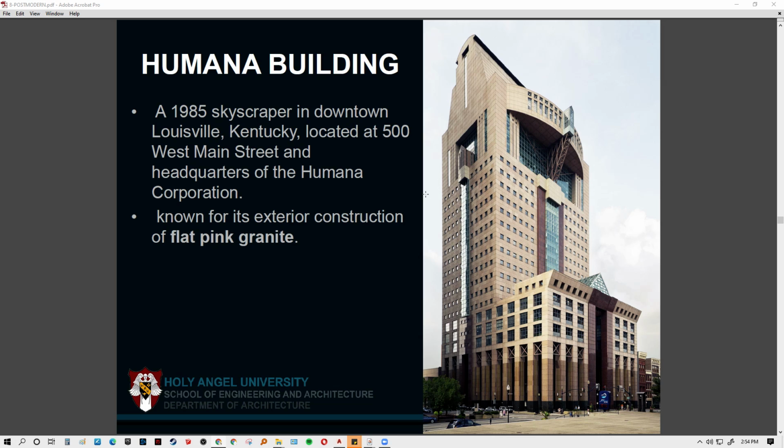Another one is the Humana building. So for him, he always considered structures to be friendly to humans as well. Based on his personality, he's very considerate of how people are using it.